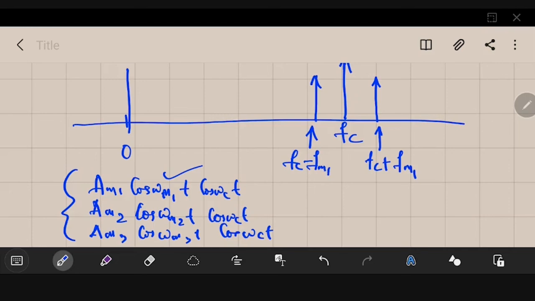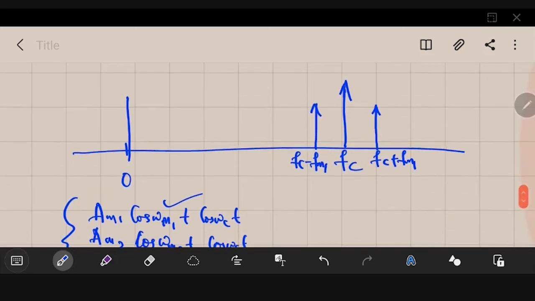Let me write it in a different way, because if I draw arrows there, what is the meaning? So fc plus fm1 is this, and fc minus fm1 is this.